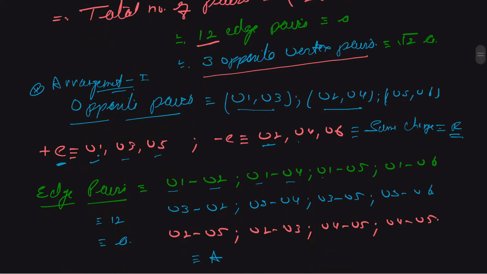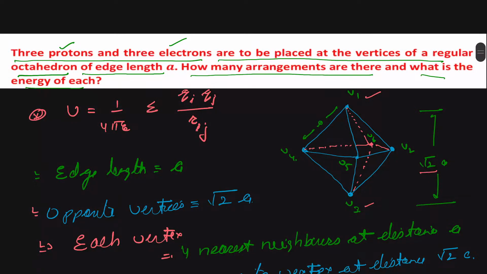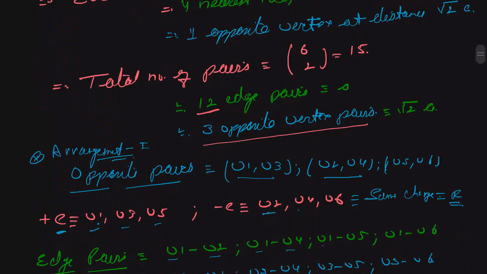So in the first case, we assumed that our opposite vertex pairs have the same charges. Like this is our V1 and V3, they have the same charges.